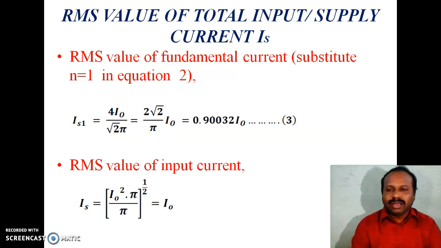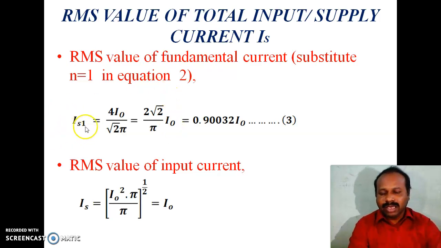Next we have the RMS value of the input or supply current. RMS value of the fundamental current: fundamental means n equal to 1. If you substitute n equal to 1 in the second equation, that is 4 I naught by n square root of 2 pi, Isn becomes Is1.